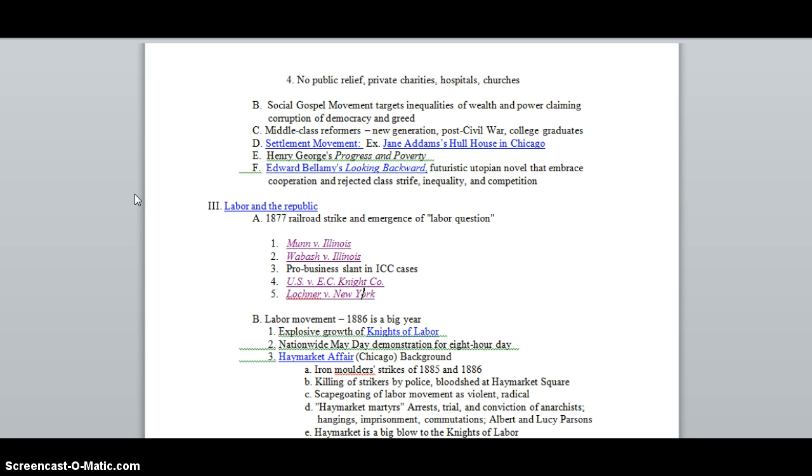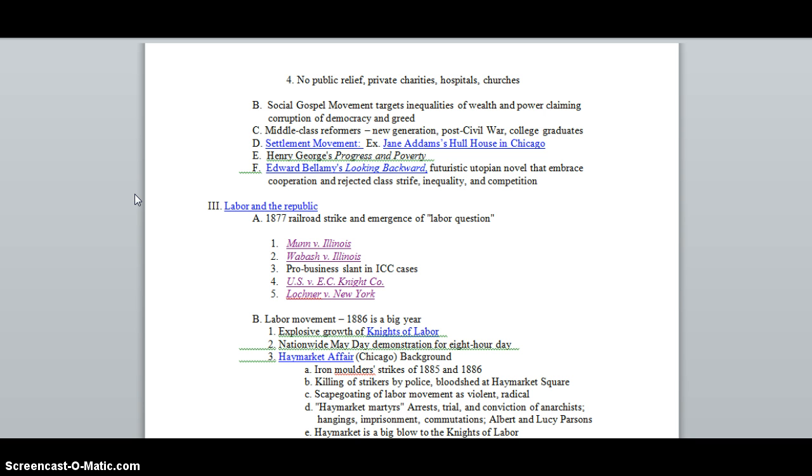With the increase of colleges and universities that began during this period, you have a much larger number of college graduates, and a lot of college graduates are then using their education to go back into society and try to do good.